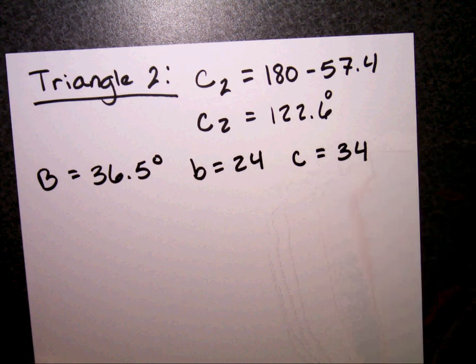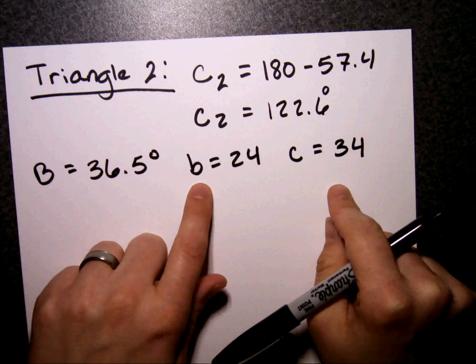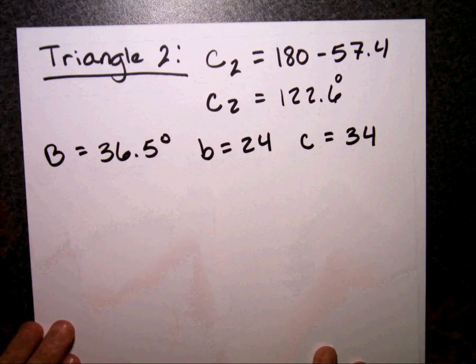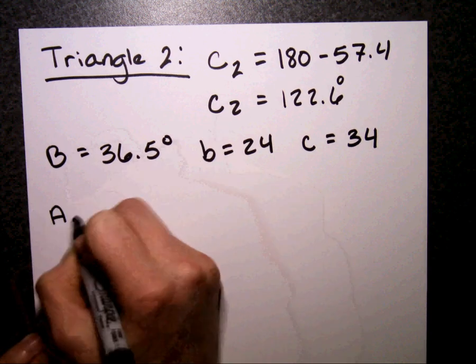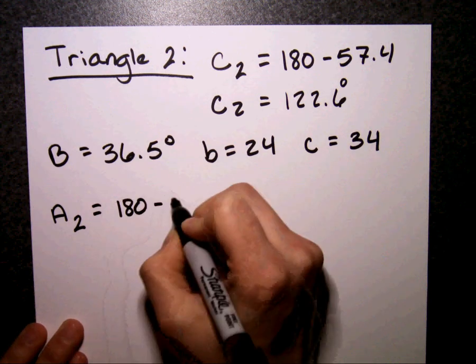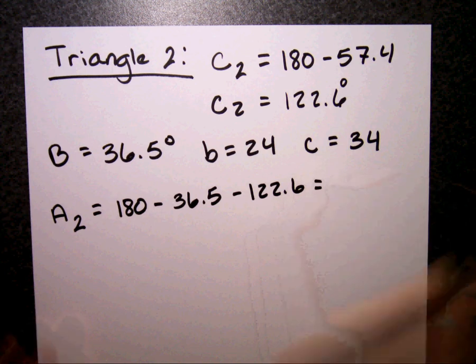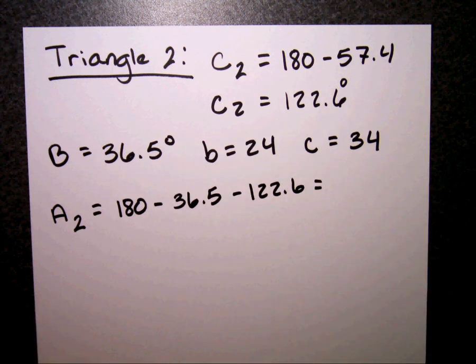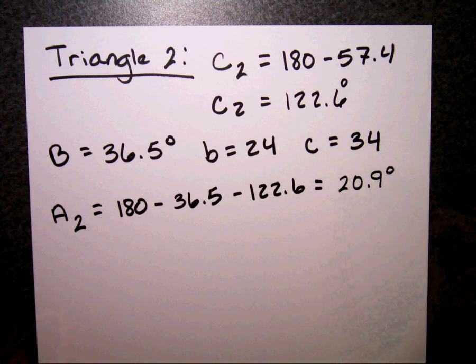So I know angle B and angle C. I know side B and side C. Now I just need to know all the information for A. So since I have angle B and angle C, then angle A2 is going to be 180 minus 36.5 minus 122.6. So I get 20.9 degrees.